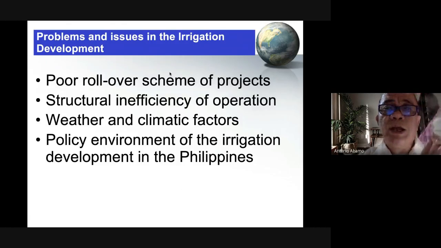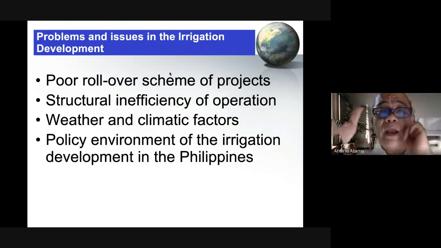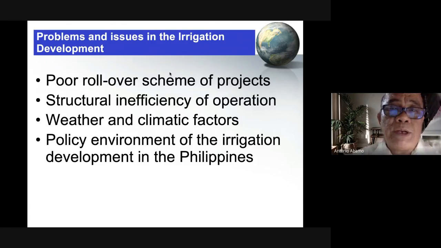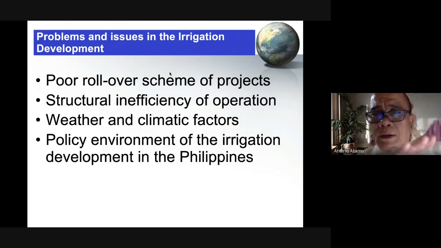In other words, how the management of irrigation is responding to the needs of the farmers that need irrigation. Another issue is the weather and climatic factors, because there are times that we really have to devise a scheme in which we can hit the balance between household consumption of water and agricultural consumption of water.